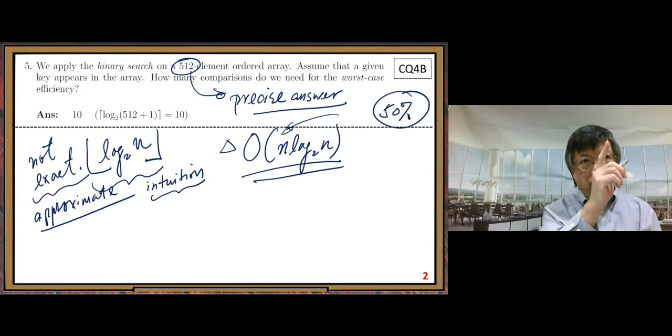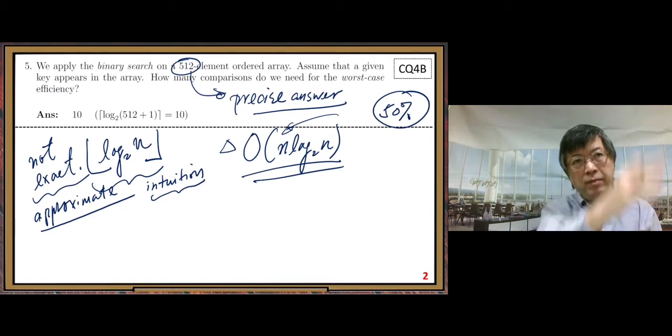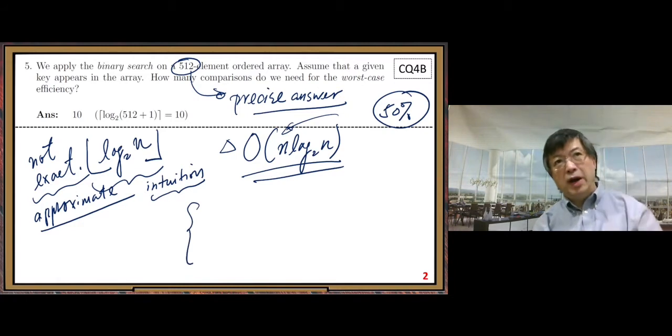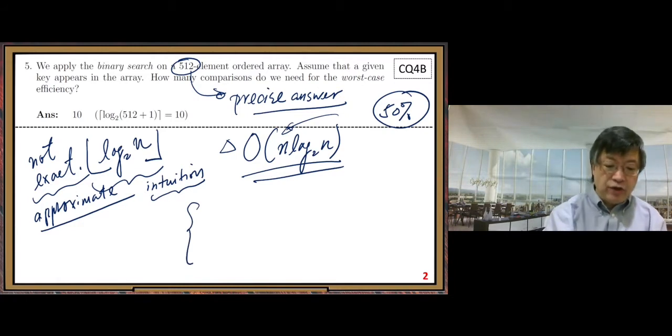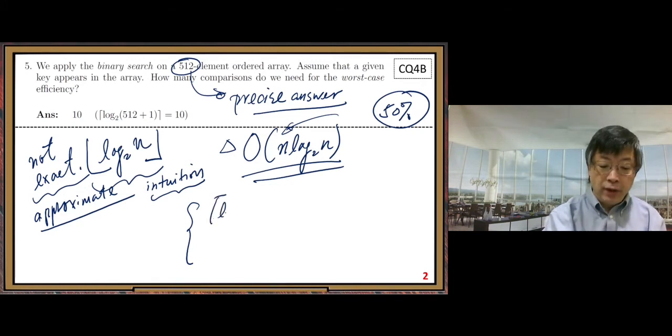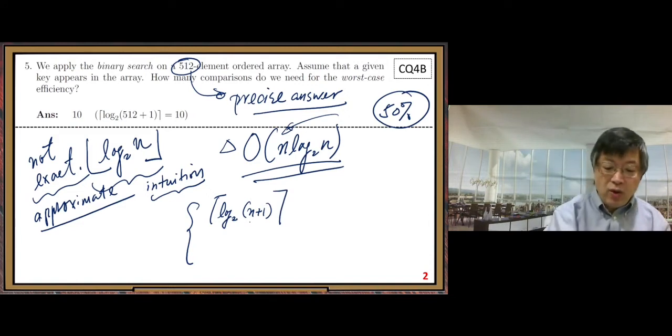The precise formula has 2 versions. You can use either version. Both versions give you the same answer. Let me write it again. The first version, the one we used here, uses the ceiling function: ceiling of log base 2 of (n plus 1). Remember this plus 1.